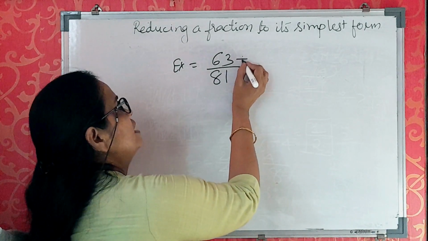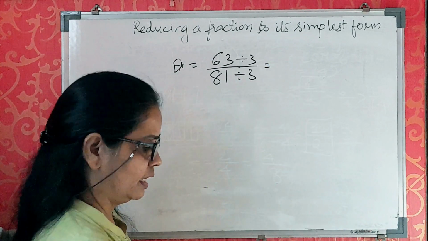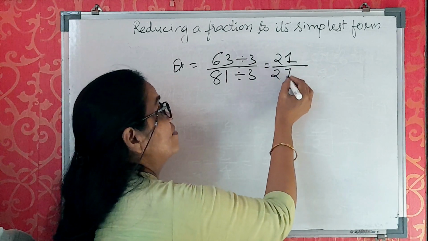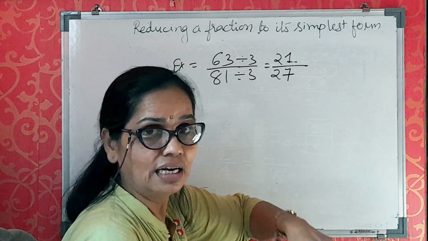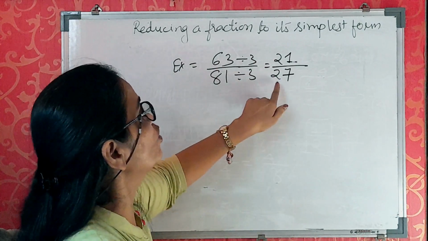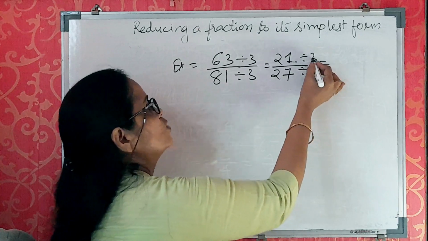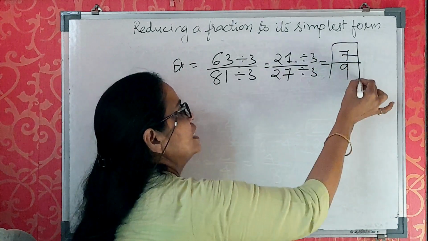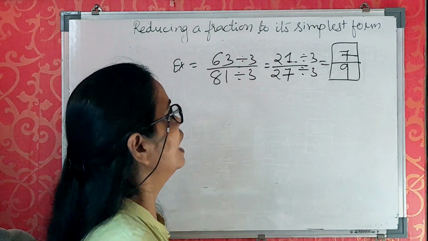So when you divide 63 by 3 and 81 by 3, you are getting 21 upon 27. Now again, 2 plus 1 is 3, and 2 plus 7 is 9. Further it can be reduced. Again divisibility by 3. So 3 sevens are 21, 3 nines are 27. So finally your answer is coming 7 upon 9.